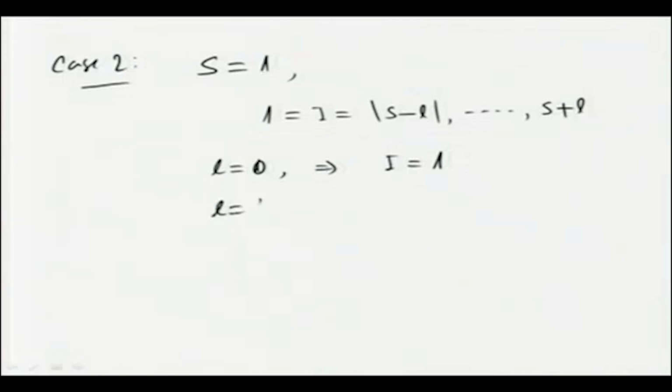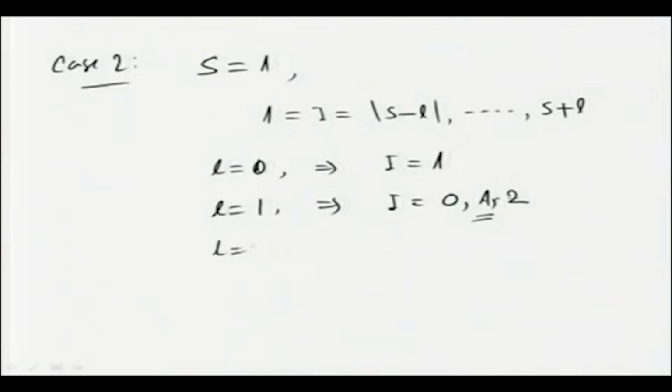And L equal to 1 will give me I equal to S minus L which is equal to 0, and then steps of 1. So, 0, 1, and 1 plus 1 is 2, which is equal to S plus L. So, I can have values 0, 1, 2. So, 1, which is the experimentally measured value, is there in this combination of L and S as well.